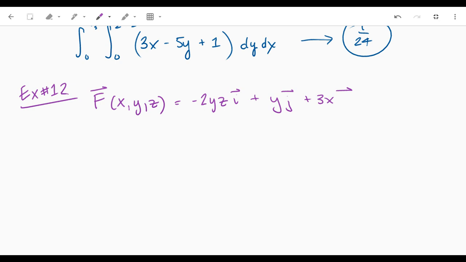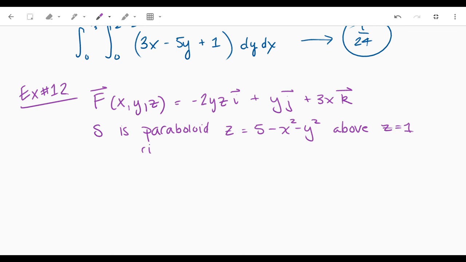And our surface is the paraboloid z equals 5 minus x squared minus y squared, above the plane z equals 1, oriented upward. So it's a positive orientation.